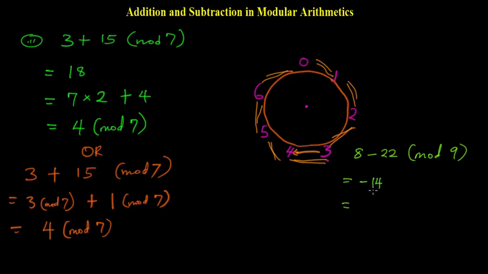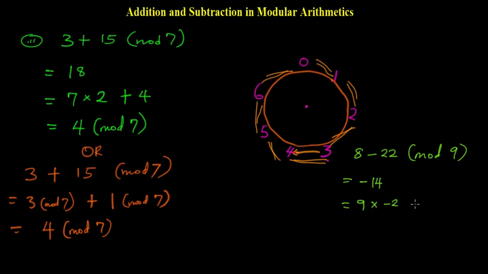So here, minus 14 in modulo 9 can be expressed as 9 multiplied by minus 2, which gives us minus 18. So how best can we turn minus 18 to minus 14?